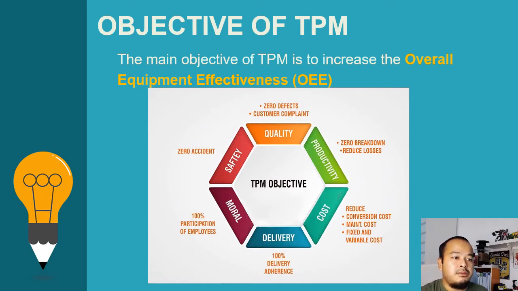In terms of delivery, 100% delivery assurance, which means that when we promise to deliver in 1 month, we must provide them within 1 month. So if we have not been doing preventive maintenance and the machine breaks down for 2 weeks, of course we can't deliver the item within 1 month. That's important. Morale is 100% participation of employees.